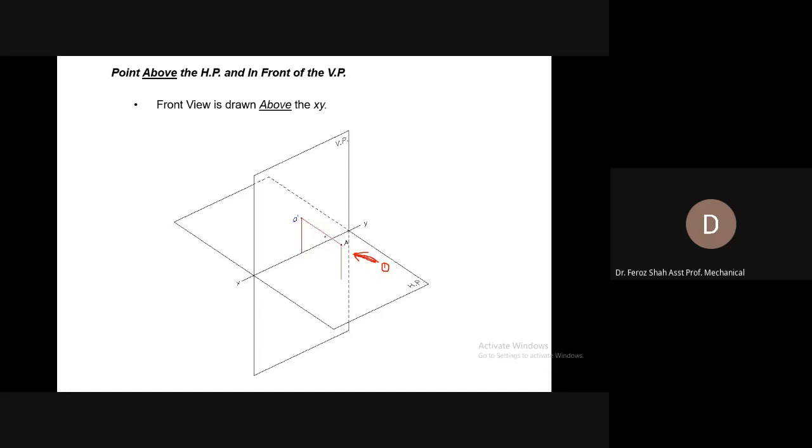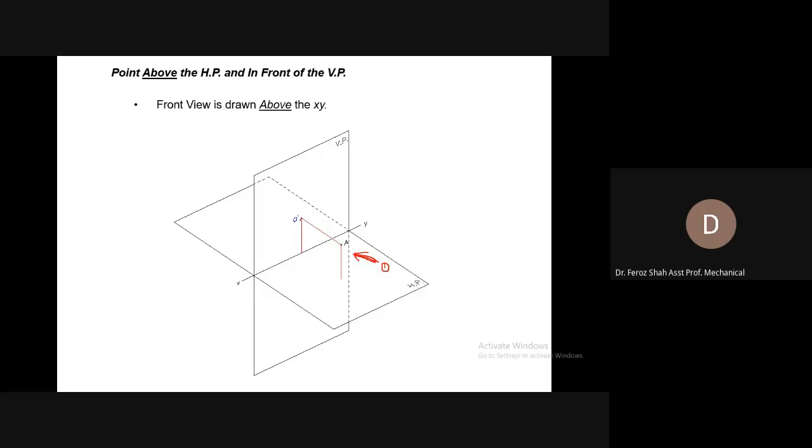So you can see that its image would be drawn on the vertical plane, and this would be called its front view, as you are looking at it from the front, from this side.